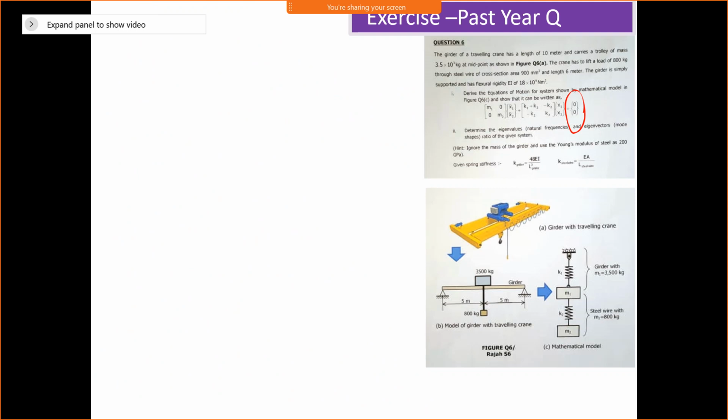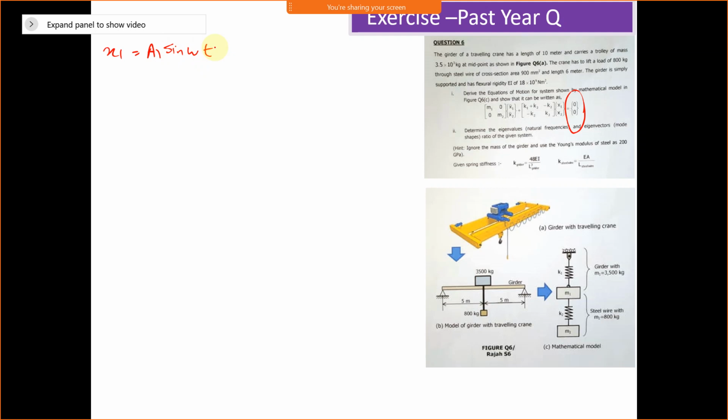So macam mana nak dapatkan natural frequency? Kita tahu kalau untuk harmonic motion of M1 and M2 pada sama frekuensi, equation kita x1 will be A1 sin omega t.